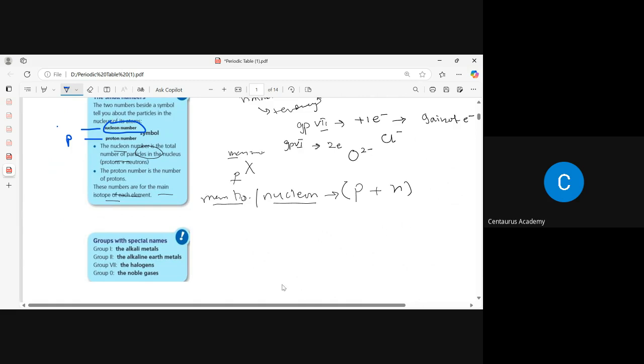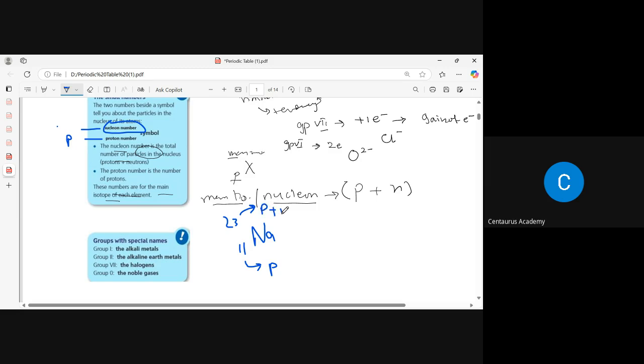Okay. So for instance, if you have sodium 23 and 11, this is the smaller number, so this is going to be the proton number or the atomic number. And this is going to be the mass number or the nucleon number, which is basically protons plus neutrons.